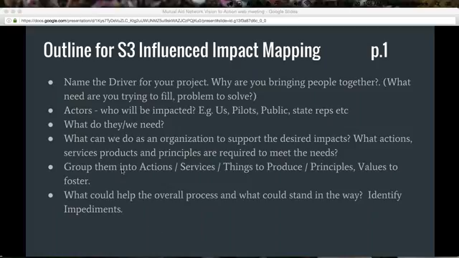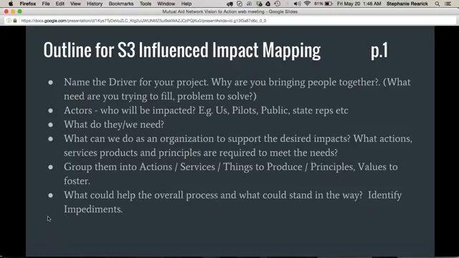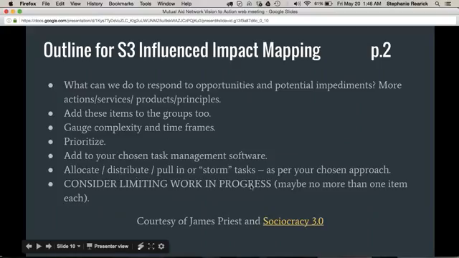I'm just talking you through this very briefly, and I wanted to put these all in the slide so you could use it later as a tool. I also put a link to Sociocracy 3.0. Please feel free to take and use this stuff and share with the rest of us how it's working for you. Then we go into what we can do to respond to opportunities and potential impediments, and group those.